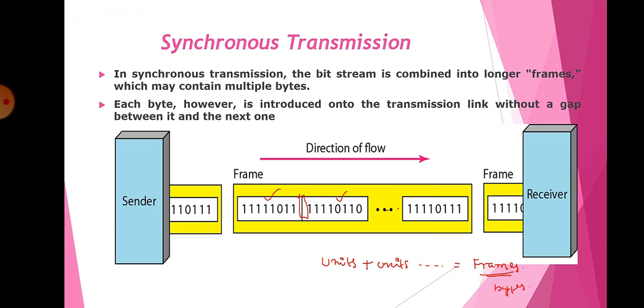In asynchronous we considered stop as well as start bits, but here there is no start or stop bit, and no gap between the data units. So it is a major responsibility of the receiver to get back the original bit stream from the frame.